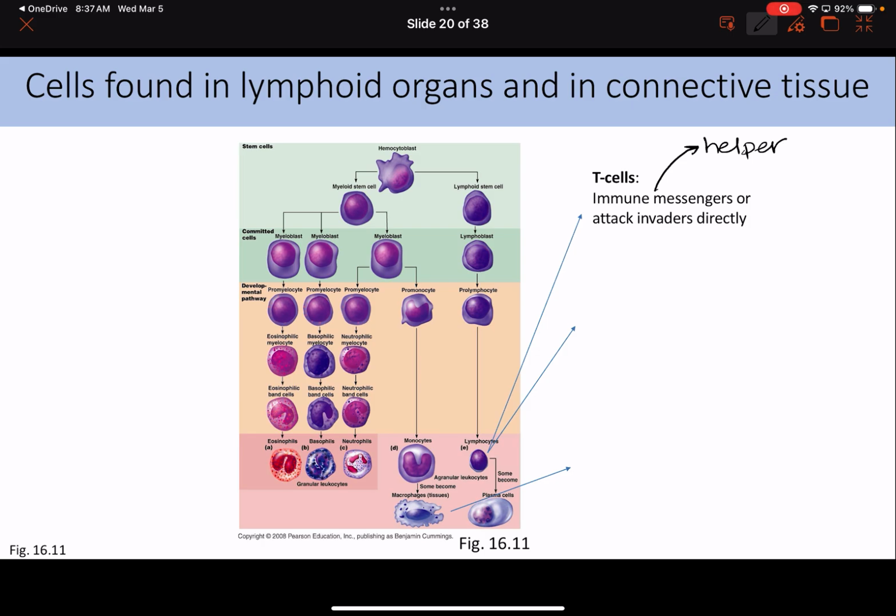They don't do really any fighting directly, they just help activate and notify the rest of the immune system. Our other T cells have the ability to attack invaders directly, and we'll talk more specifically on how they do it in the next lecture on the immune system, but these ones we call cytotoxic T cells because they're toxic, or they kill other cells.